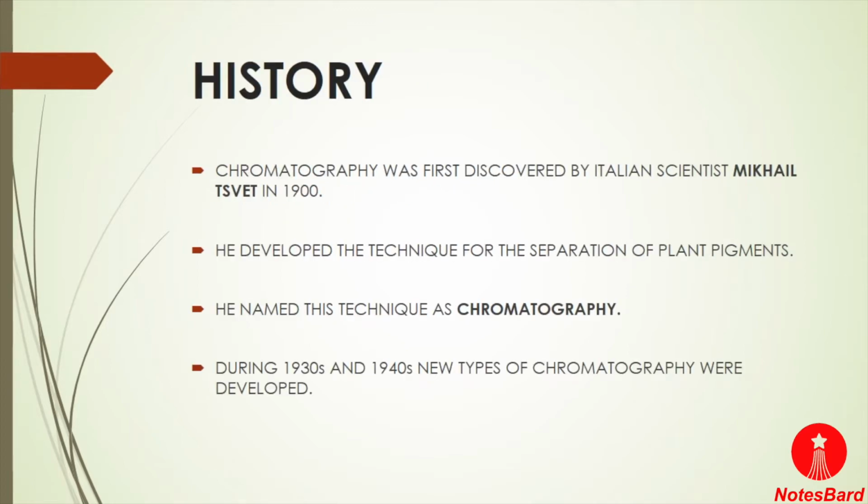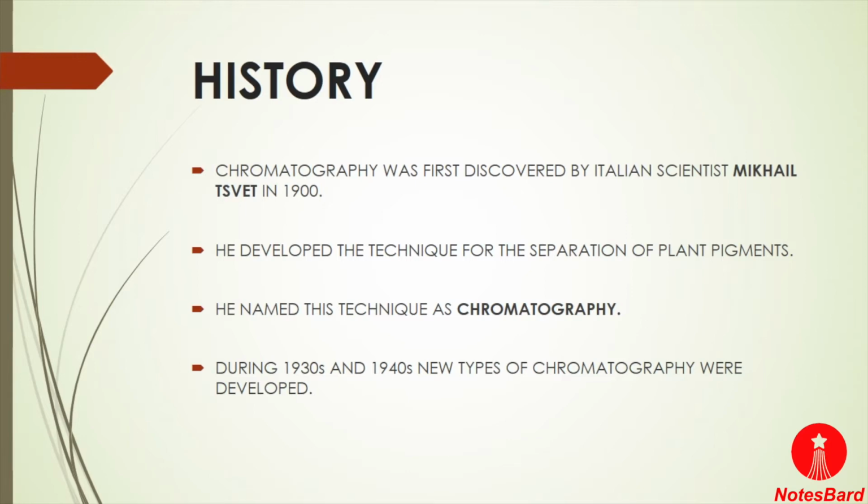Now let's understand the history and discovery of the method of chromatography. The method was first discovered in Russia by the Italian-born scientist Michael Tswett in 1900. He developed the technique for the separation of plant pigments.